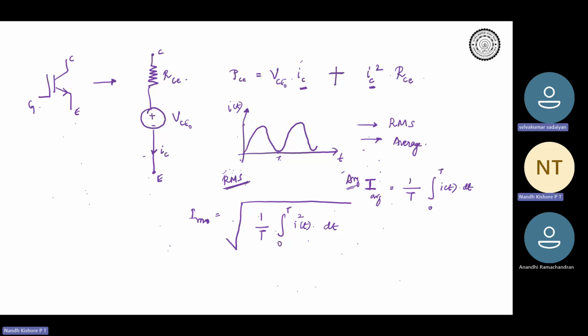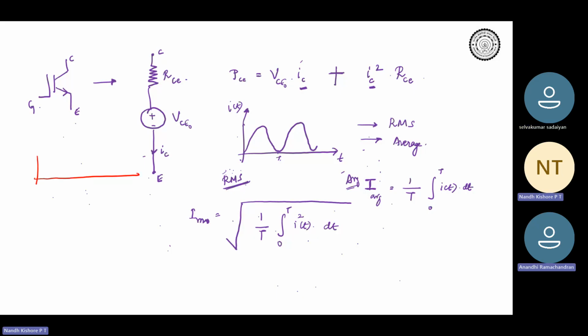Because before the device turns on, there will be a breakdown potential that will be taken as an average potential before T0. That is VC naught. So that's why I said average. Is the condition right or wrong?